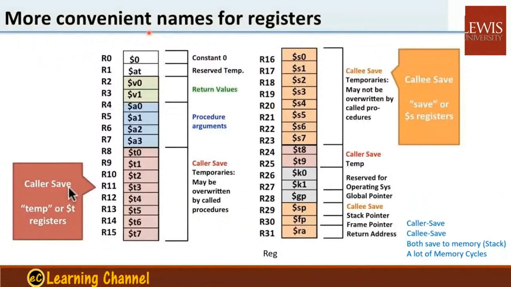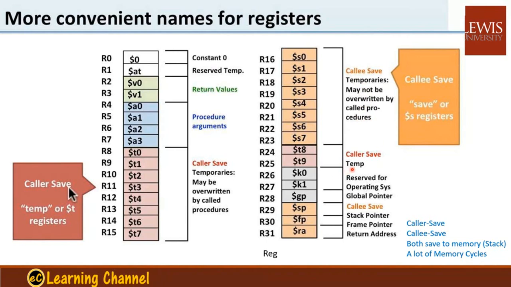And here are the naming conventions for registers. We have callee-save, temporary, and T registers. We call them T registers. These are callee-save. For the callee, you save some of the temporaries that may not be overwritten by called procedures.